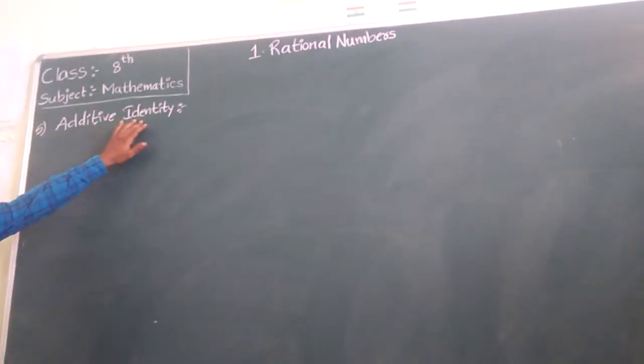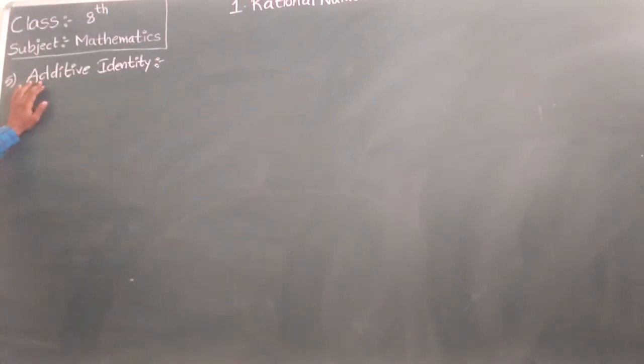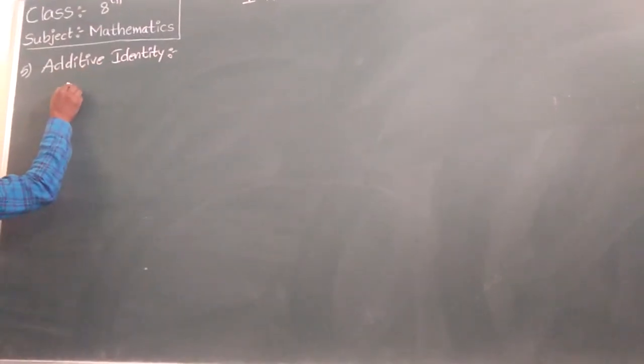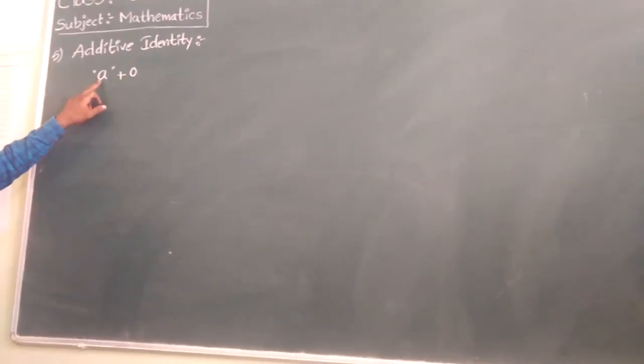Next, additive identity. So additive identity is a property which holds in whole numbers, integers, rational numbers and real numbers also. Additive identity means, suppose you are adding any number to 0, you will get the same number a.